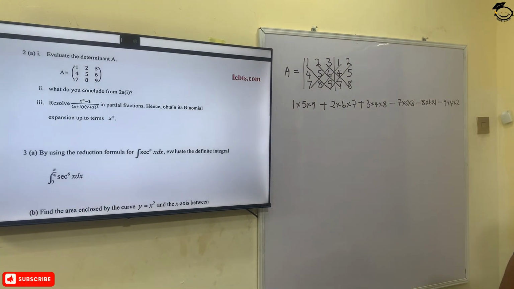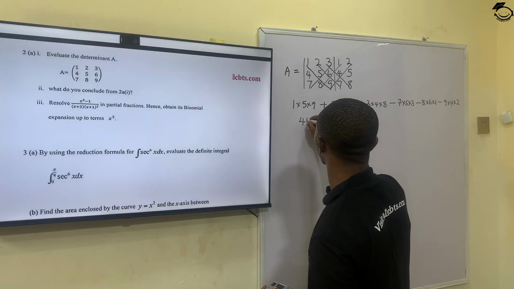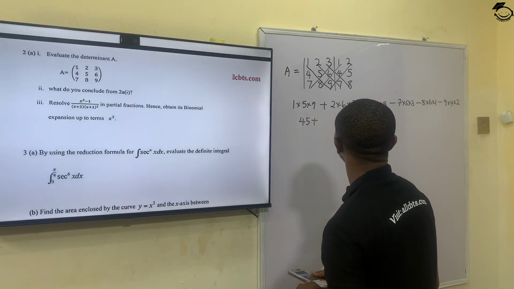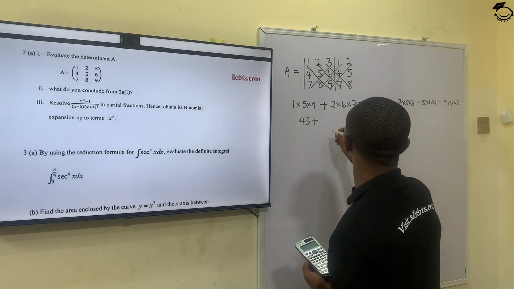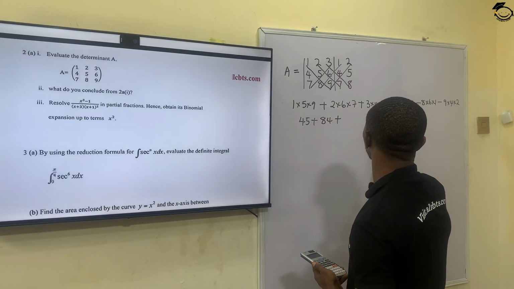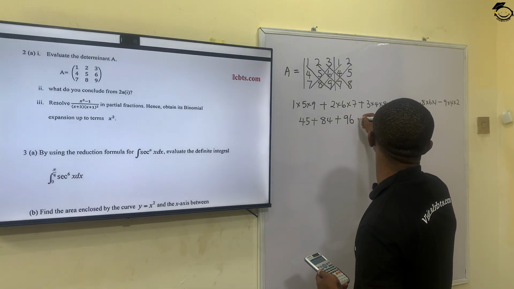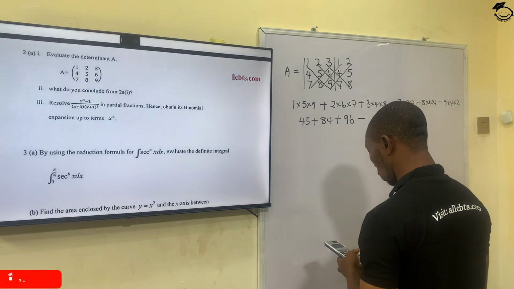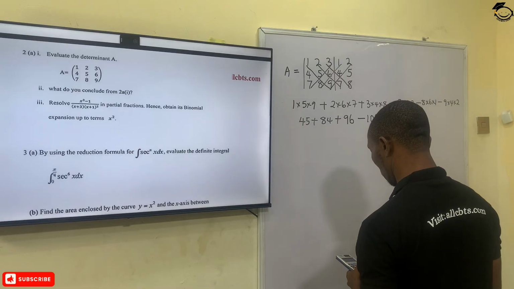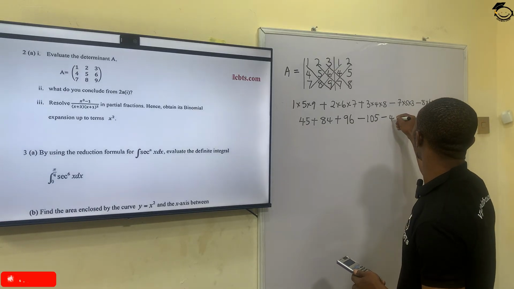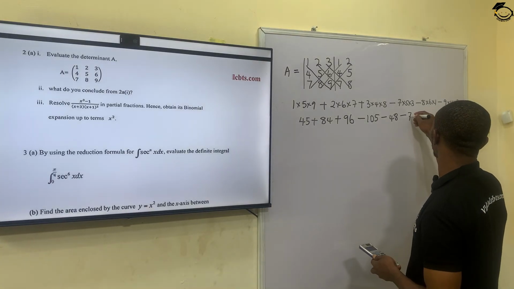Now, having done this, 9 times 5 will give us 45, plus 7 times 6 times 2 would give us 84, plus 12 times 8 would give us 96, minus 21 times 5 will have 105, minus 8 times 6, 48, minus 9 times 8, 72.